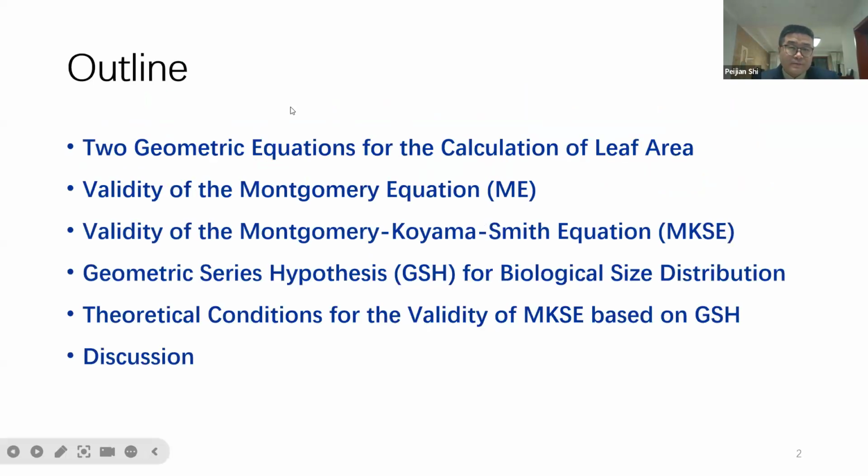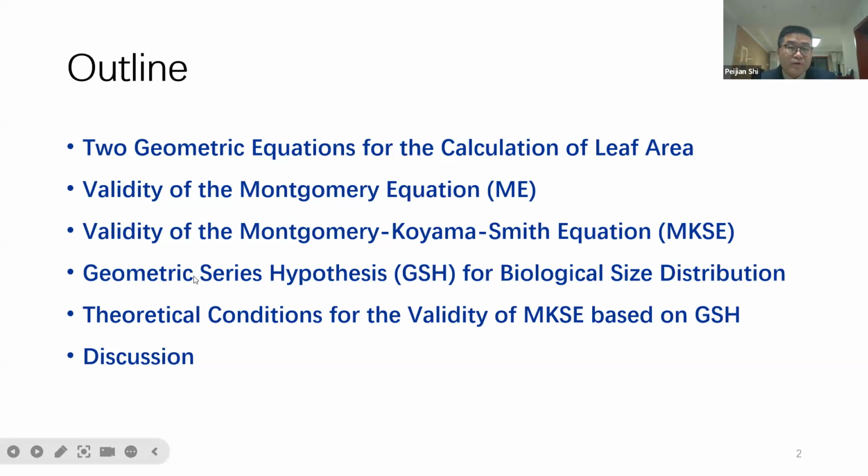This is the outline. Firstly, I will introduce two geometrical equations for calculation of leaf area. One is for calculating individual leaf area, and another is used for calculating the total leaf area per shoot. Secondly and thirdly, I will show the validity of those two geometry equations.